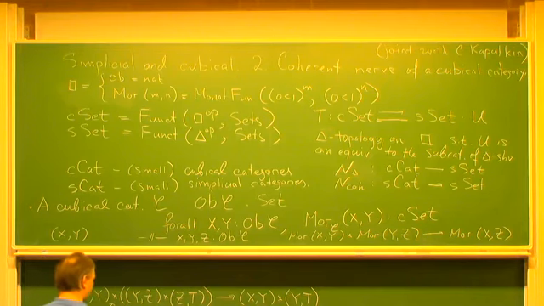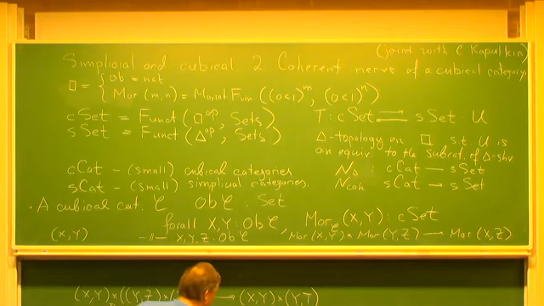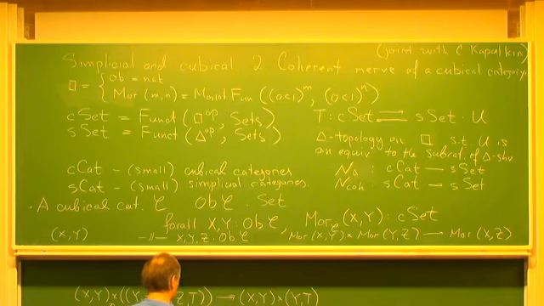And then I can go to (x, z, t), and this should commute. So that's the associativity condition.